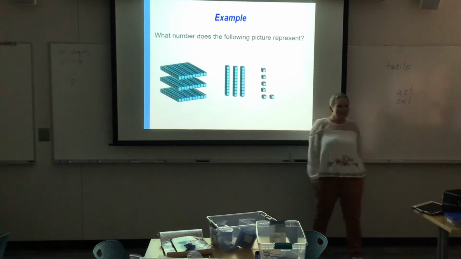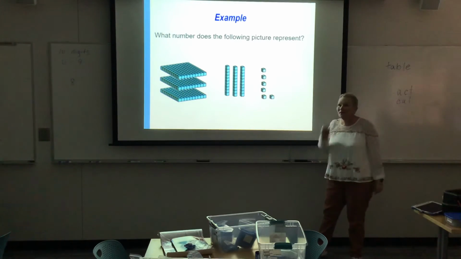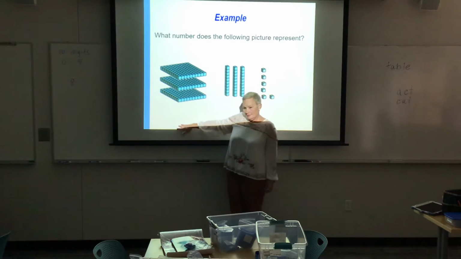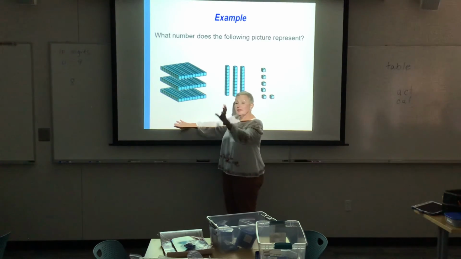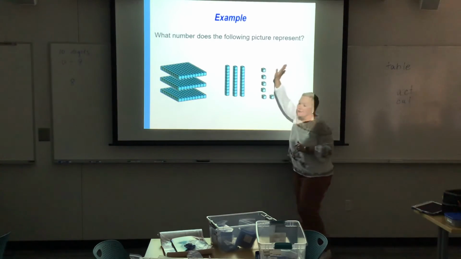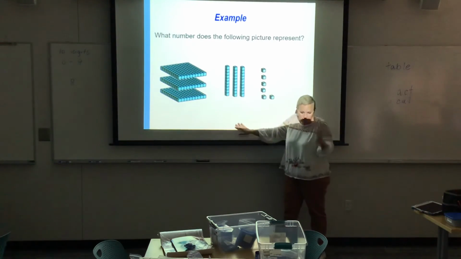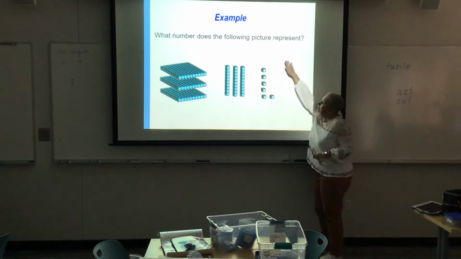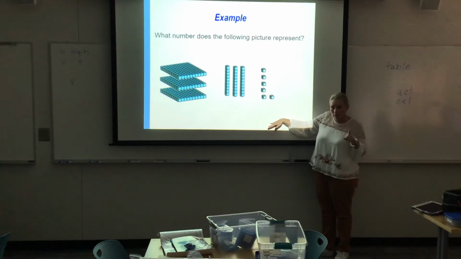I know, counting those. Alright, so we have how many flats? 3, which gives us a value of 300. Perfect. And we have how many rods? 3, which gives us a value of 30. And then we have how many ones? 6, which gives us a value of 6.